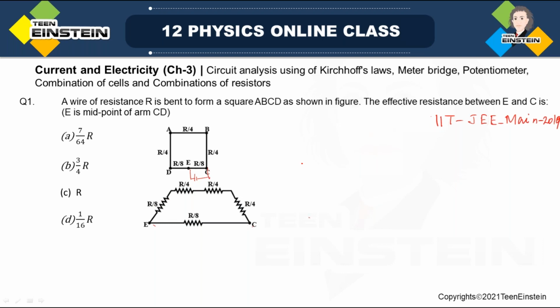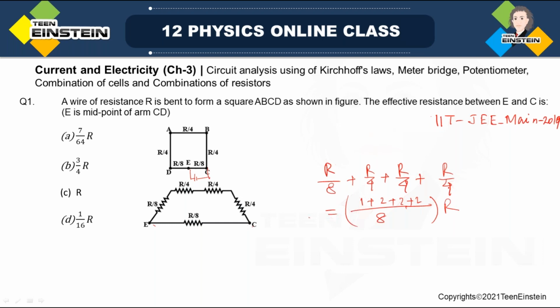So equivalent resistance of this particular part will be R by 8 plus R by 4 plus R by 4, then we have R by 4 again, R by 4 again. So if you do LCM, this is 8, R times 1 plus 2 plus 2 plus 2.